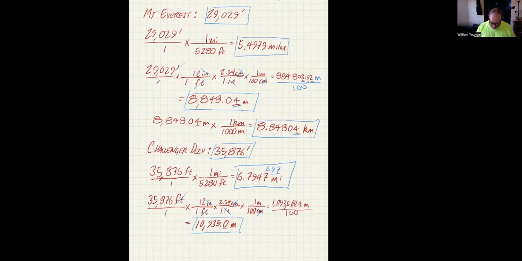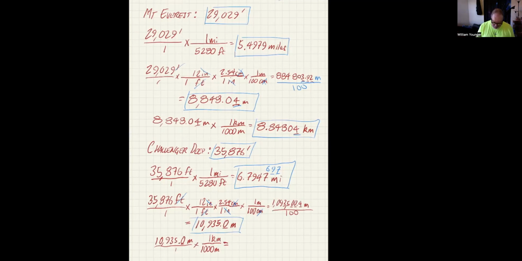And then finally, we can convert this to kilometers easily because we know that we basically just have to move this decimal 3 places to the left because there's 1,000 meters in 1 kilometer. But I'll go through the formal process, 10,935.0 meters. Again, I'll write it over 1 in case anybody's not that good with fractions. I know that there's 1,000 meters in 1 kilometer. And again, the reason we can multiply this quantity, the 10,935 meters, by 1 kilometer over 1,000 meters is because 1 kilometer is equal to 1,000 meters.